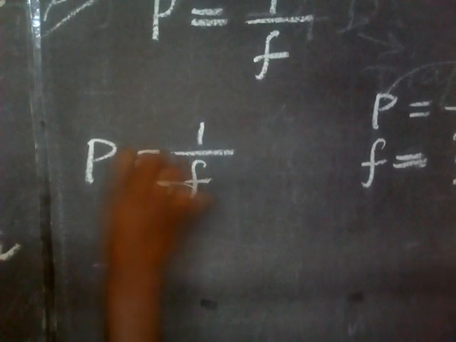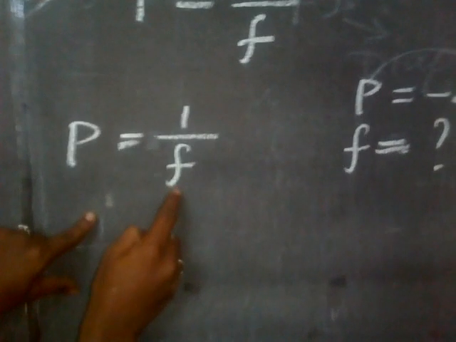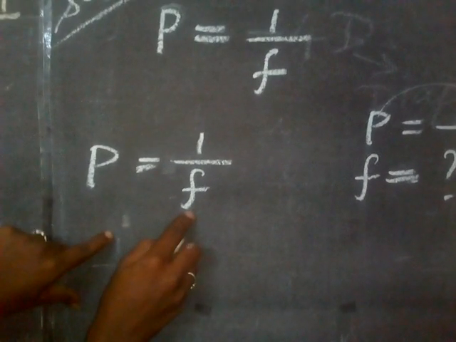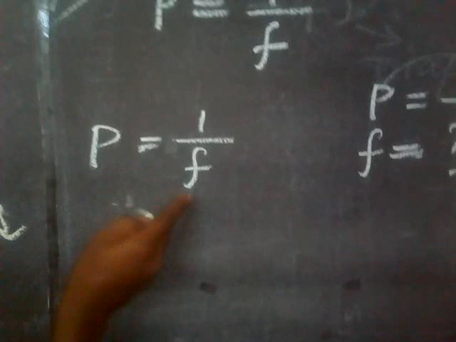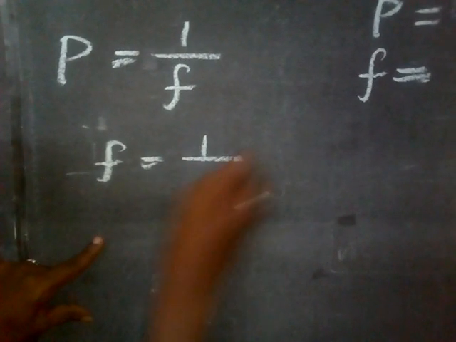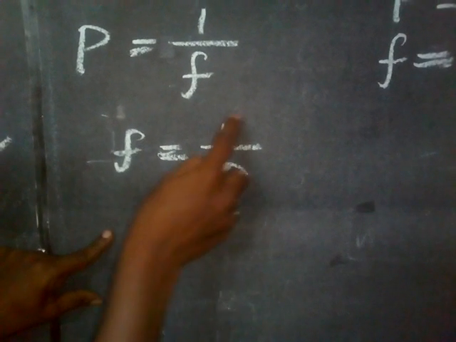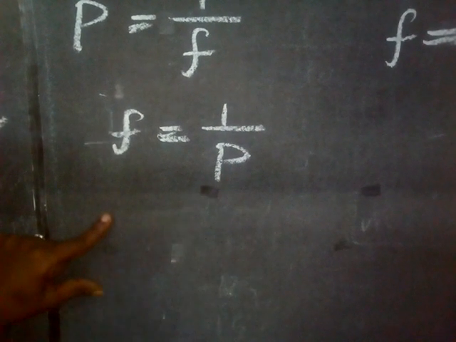We need the focal length, so I have to interchange these two terms. So F is equal to 1 by P, that is 1 divided by the power of lens.